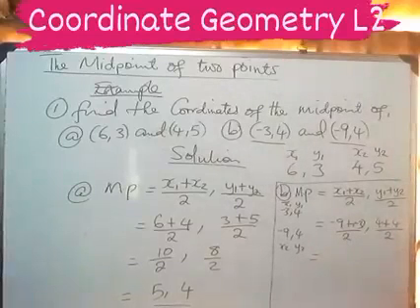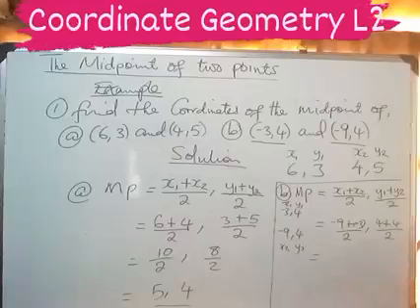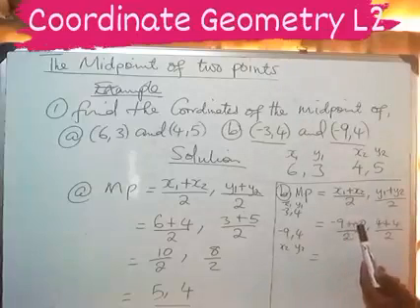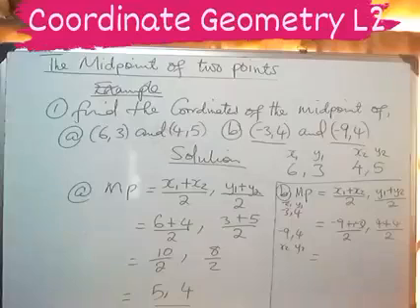Negative 9 plus negative 3 is the same as saying negative 9 minus 3, because the plus and the negative inside the bracket multiply each other and the sign is negative. Therefore, we're going to have negative 9 minus 3. The answer is negative 12.